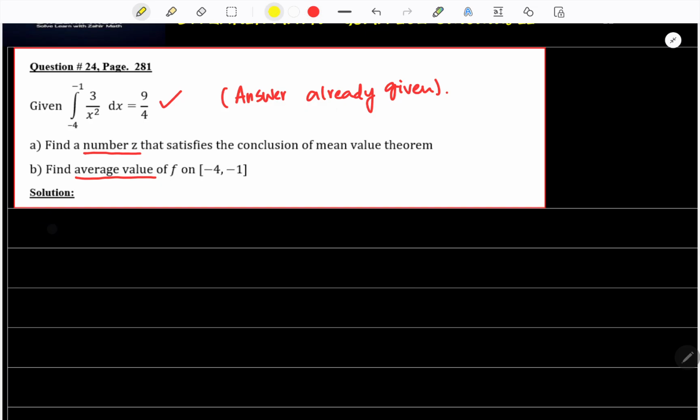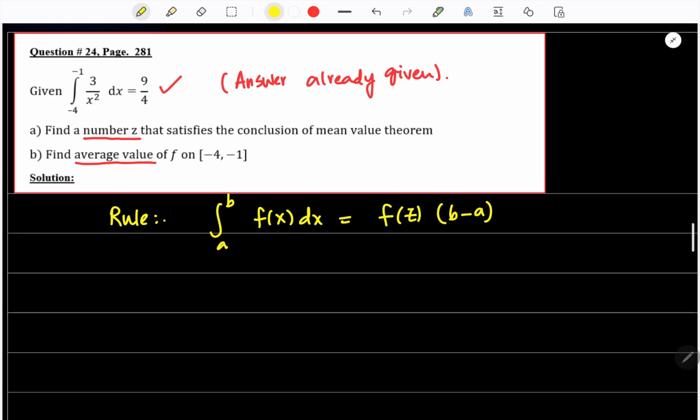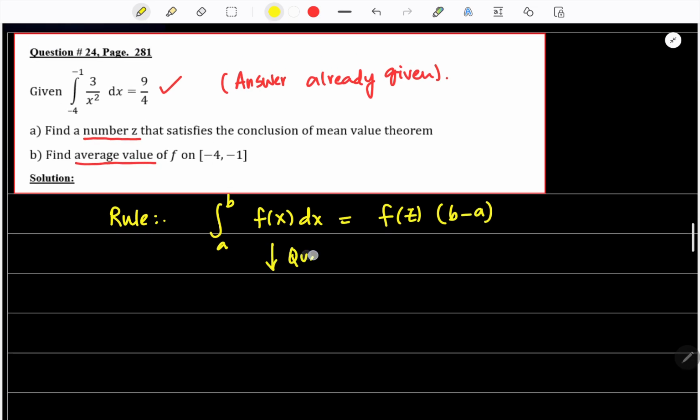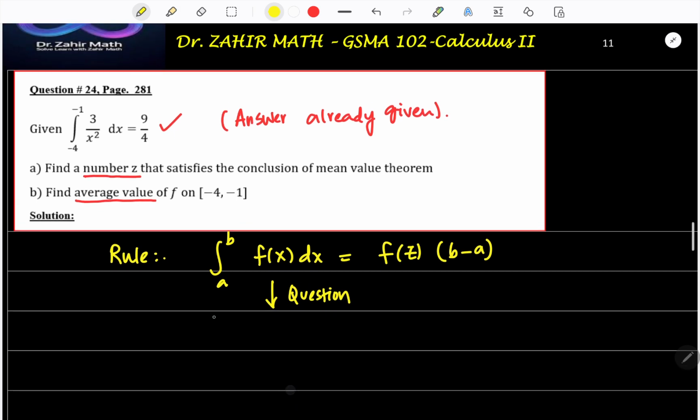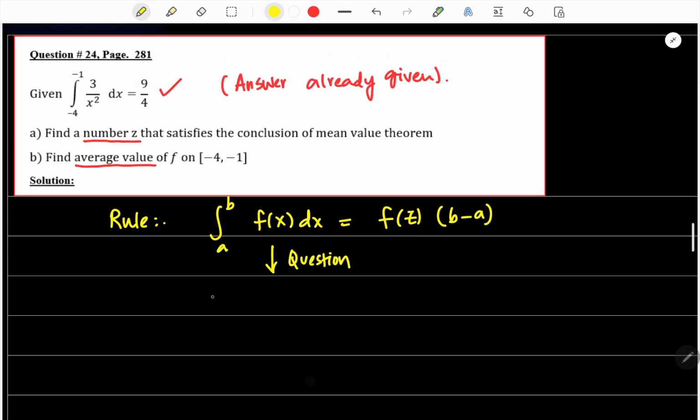Already the word solution is there, so I'm not writing it. So what is the formula? The rule is integral a to b f of x dx is equal to f of z times b minus a. Keep in your mind, this is your question: integral from minus 4 to minus 1 of 3 divided by x square dx equals f of z times b minus a.